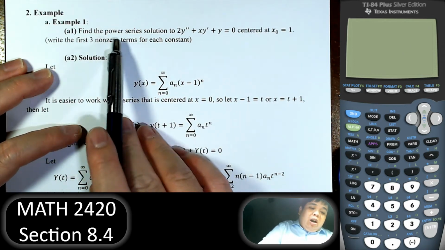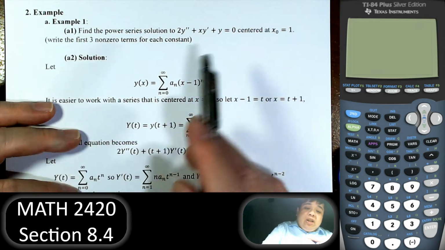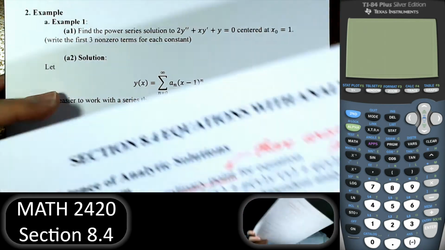Suppose we find a power series representation for this differential equation centered at 1. Of course, we did this in the first part.